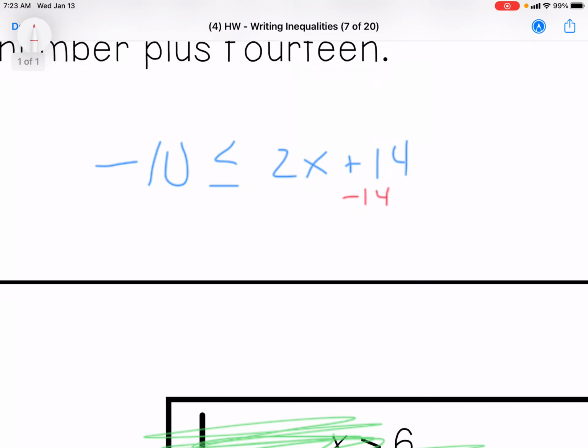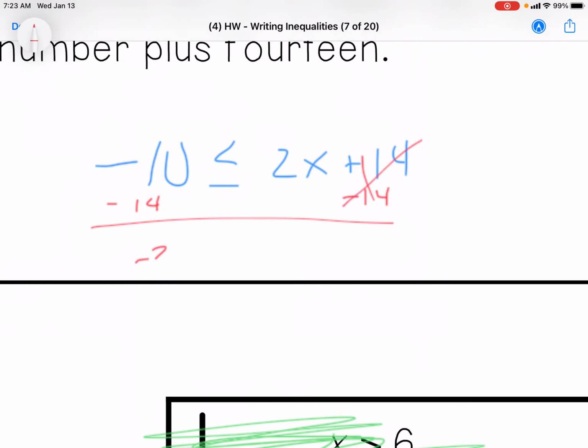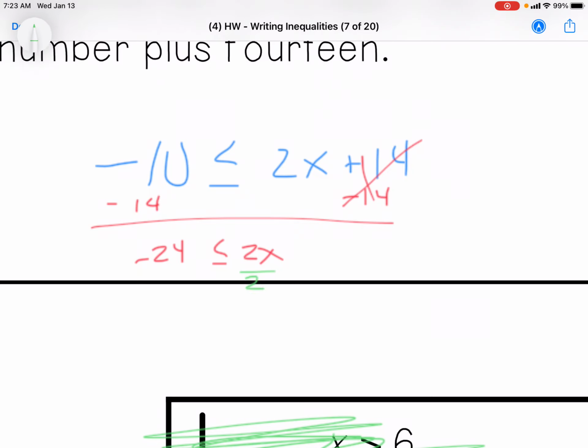Subtract 14. Negative 24, 2x, divide by 2, and you get x, which I believe would be O.